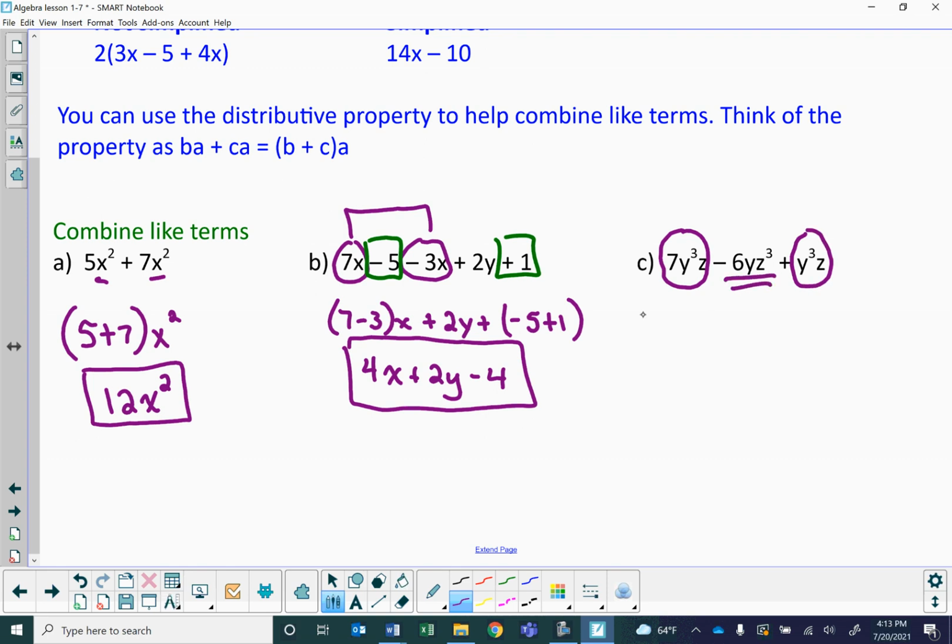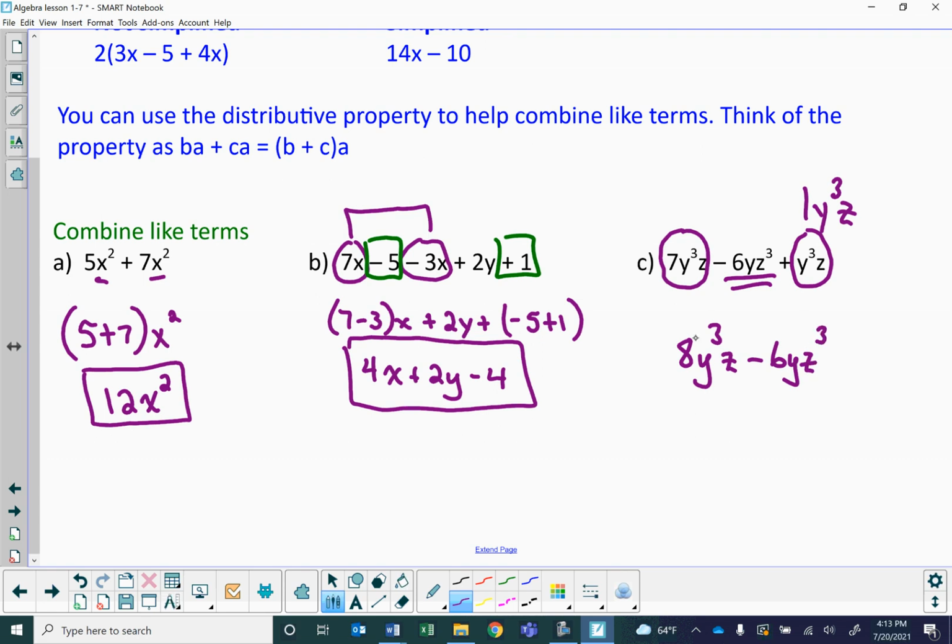It has nobody to pair up with, so you're not going to combine it. Y to the third z is the same as saying 1y to the third z. So 1 plus 7 is 8. So I have 8y to the third z minus 6yz to the third.